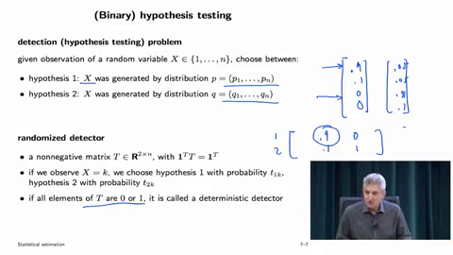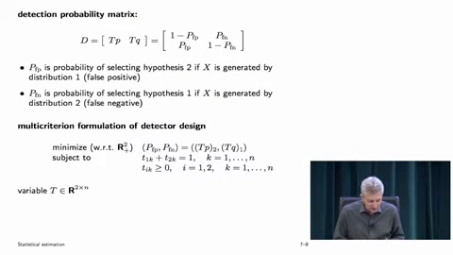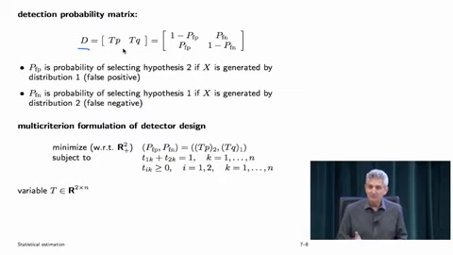All right, so how do you choose that detector? Well, there's a detection matrix, which you get by simply multiplying T on the left by P and Q, and you get a 2 by 2 matrix. The entries can be interpreted in a very interesting way. They're basically the probabilities of error.